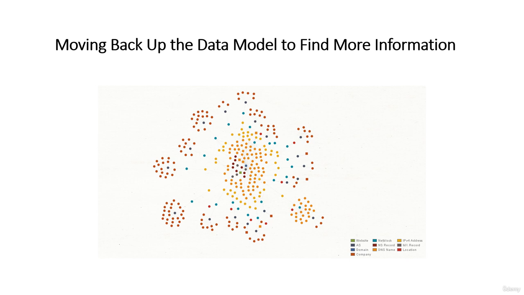So at this point we have reached the bottom of the data model. The next step is to start moving back up the data model, where we find more related information at each level. First, we return all the net blocks found on the IP addresses, and these new net blocks can be used to find more DNS names by querying historical or reverse DNS records.